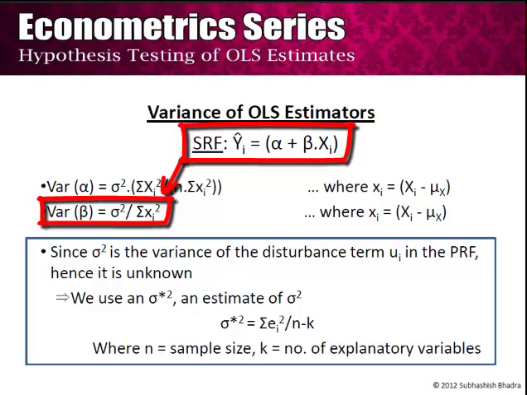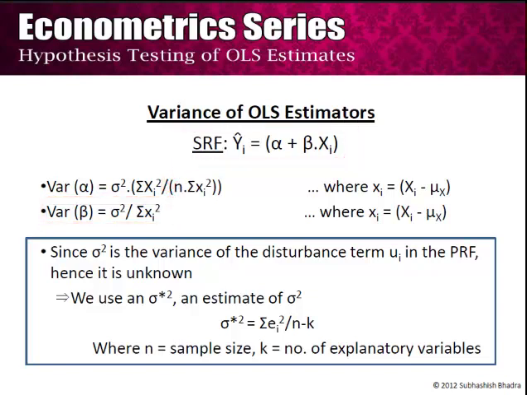Similarly, variance of beta equals sigma square divided by summation of small xi square. The sigma square here is the variance of the error term in the population regression function.